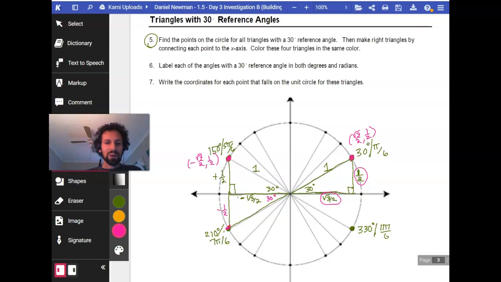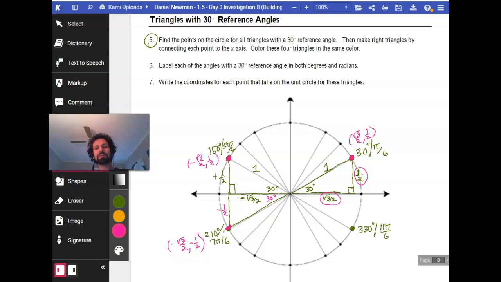Well, the coordinates of this point then are, we went left rad 3 over 2, this distance, and we went down 1/2 this distance. So negative 1/2. And again, the coordinates are the same, except they might either be positive or negative depending on what quadrants we looked at.